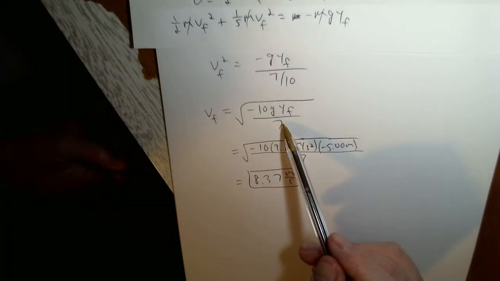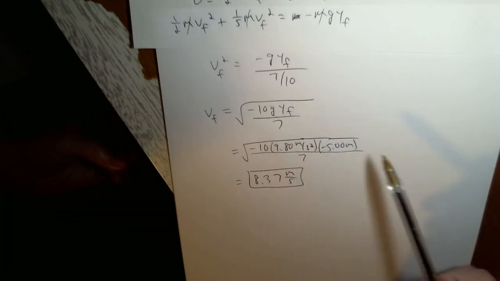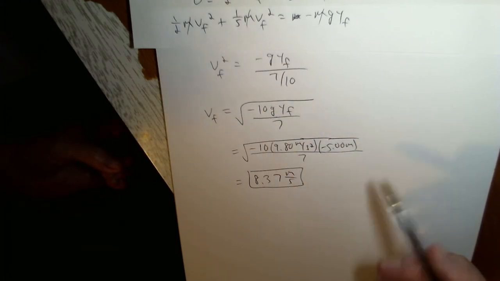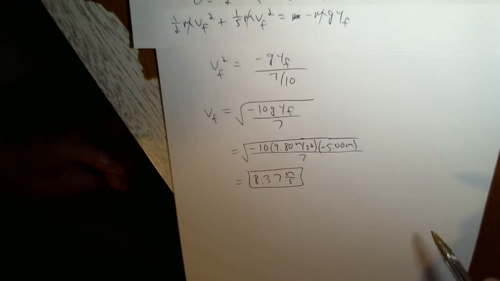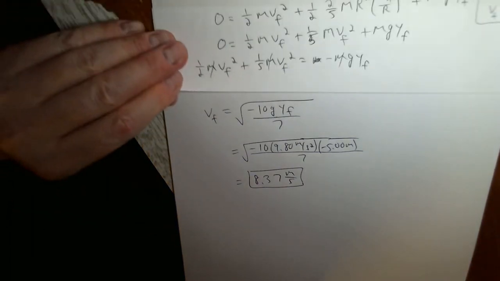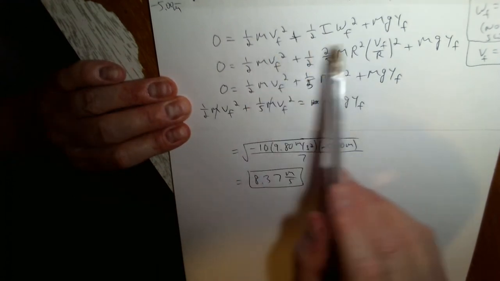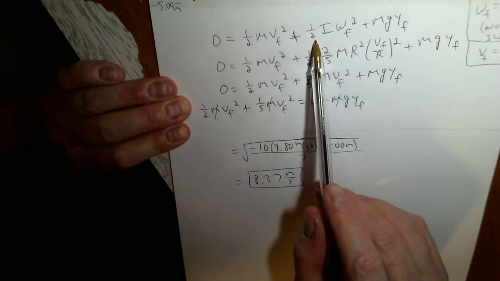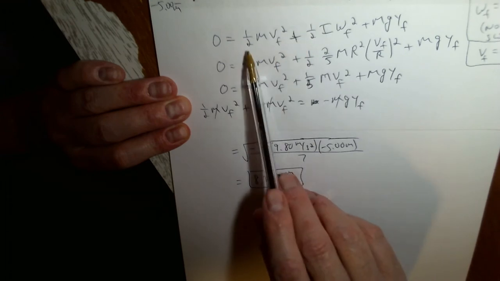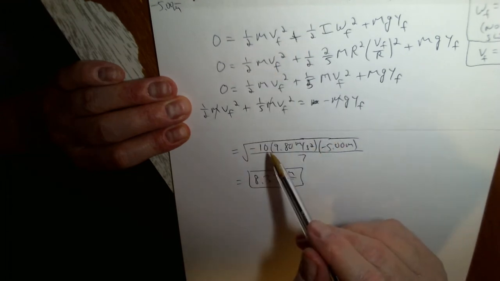Remember, this amount here, this 10/7, would have been 2 if the thing had been sliding instead of rolling. And you can see that if you go back to the start, right? If the 1/2 I omega final squared weren't there, this 1/2 would show up as a factor of 2 here.